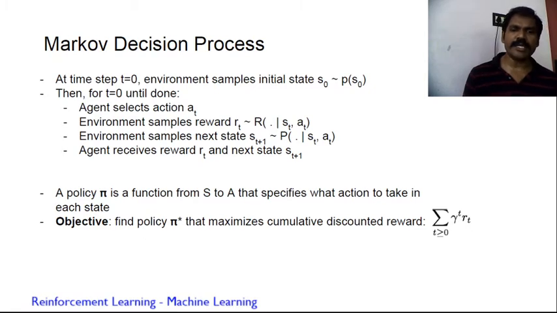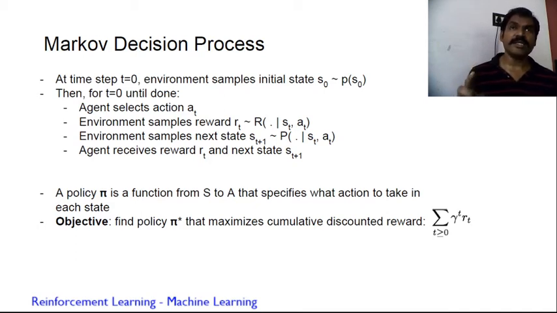So the objective is that we want to maximize the cumulative discounted reward, right? You can see, say S naught is a state, and you are moving on to S1. An action AT is taken, so you will be getting reward RT. Now from S1, it will take the action AT plus 1, among the possible actions.